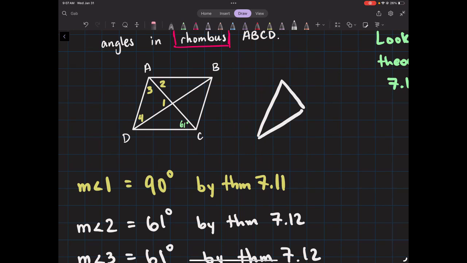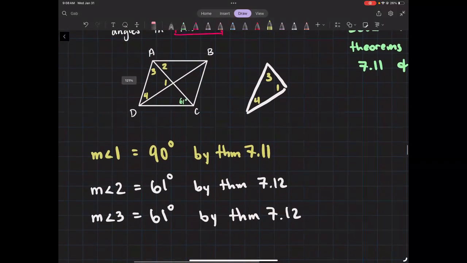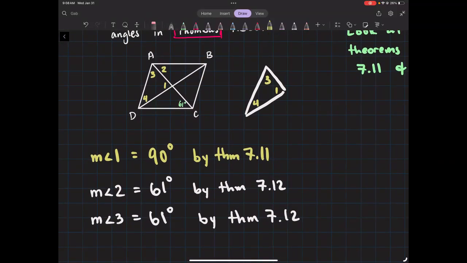So basically what I'm doing is I'm taking this little triangle right here and I'm drawing it on the side. What I had was angle 3, angle 1, and angle 4. But I figured out by theorem 7.11 that measure angle 1 is 90 degrees. So I'm just gonna draw a little box there, so I know that. And then measure angle 3 is gonna be 61 degrees, so I'll write that in.